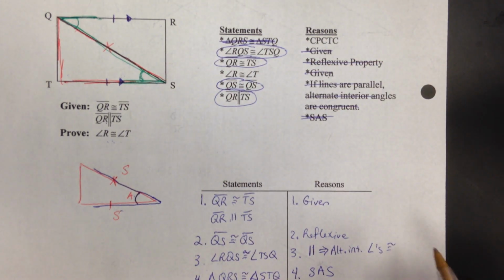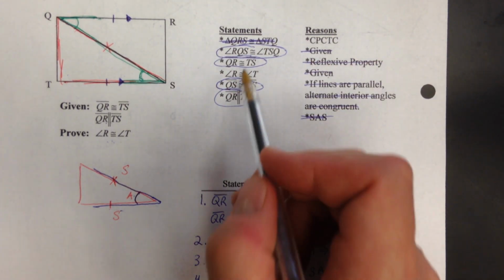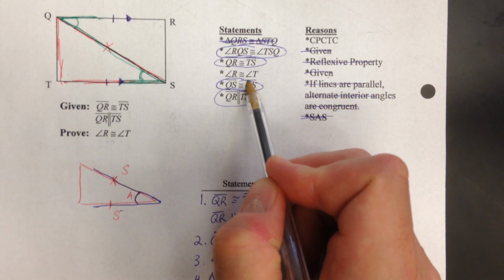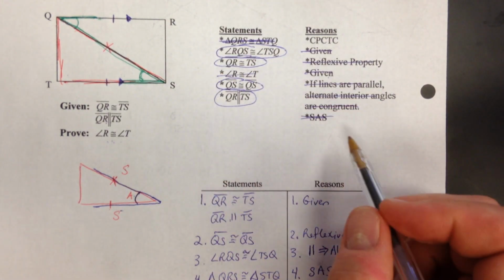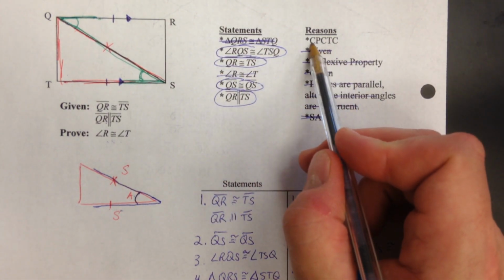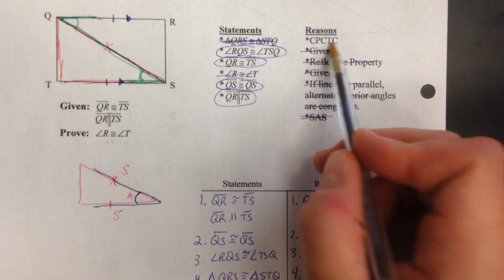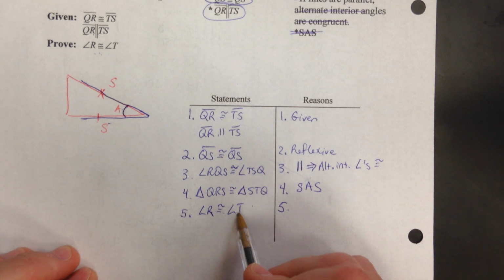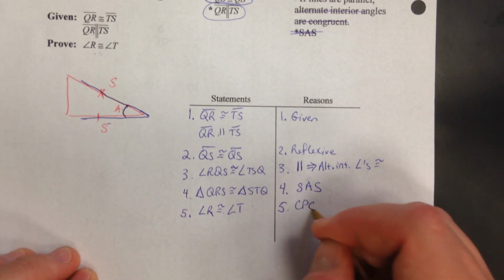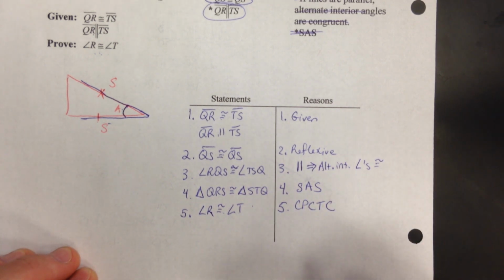And now the last thing, if the triangles are congruent, then the parts have to be congruent. So angle R is congruent to angle T. Why are we allowed to say that? Because corresponding parts of congruent triangles are congruent. Okay, so angle R is congruent to angle T, and the reason is CPCTC.